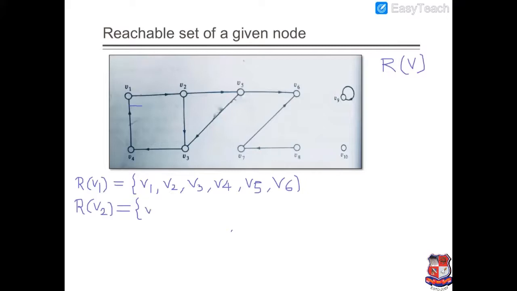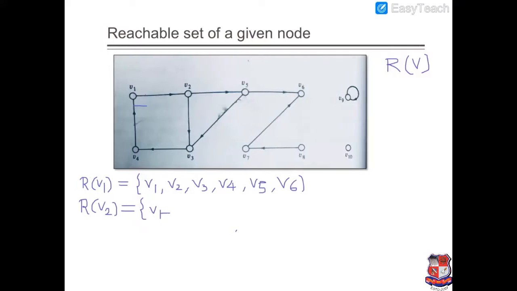Therefore, the reachable set of V2 is again the set V1, V2, V3, V4, V5, V6.